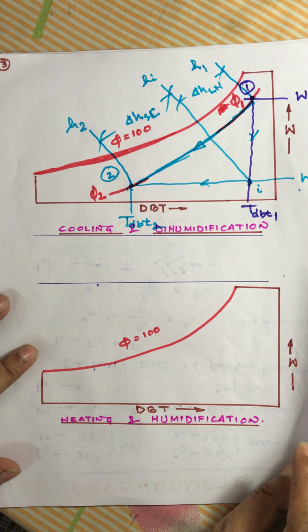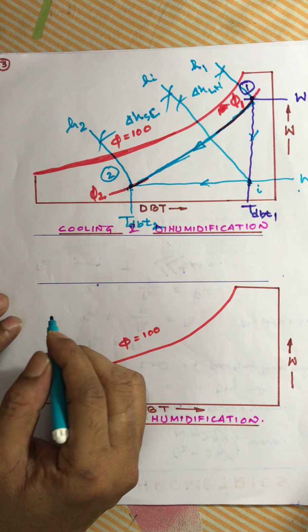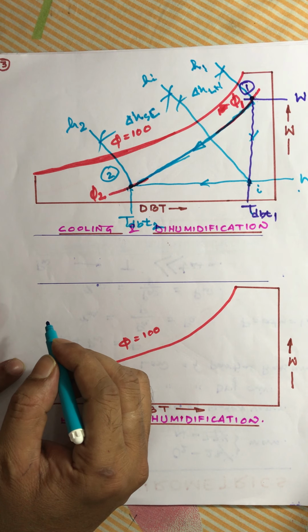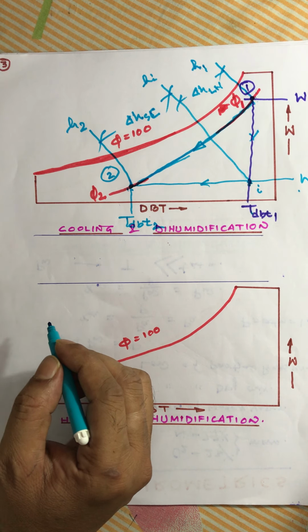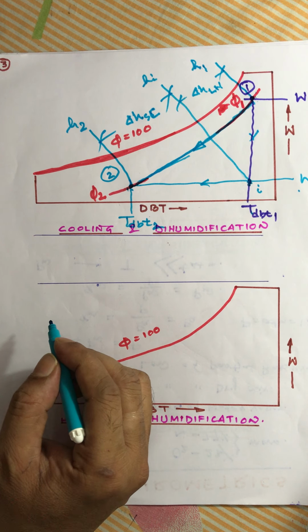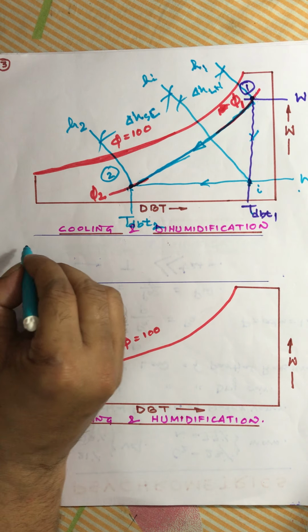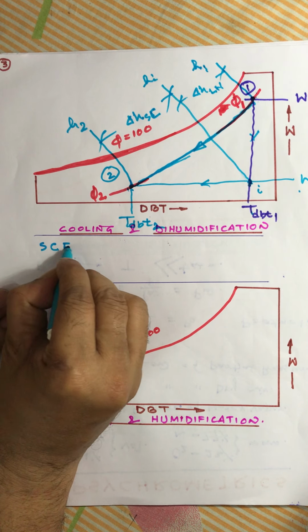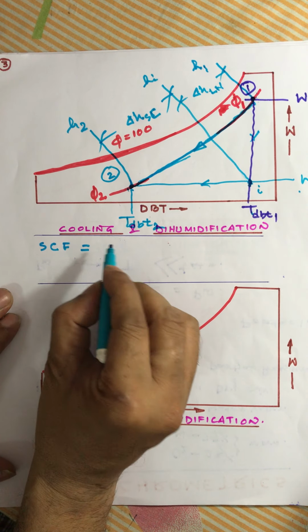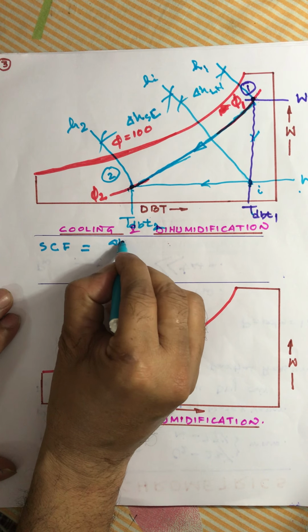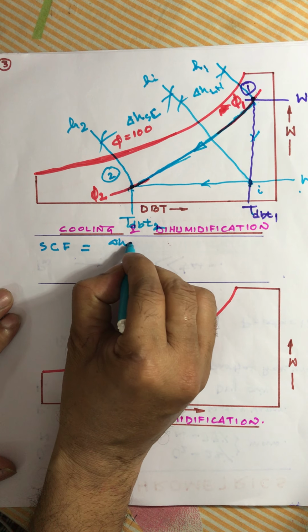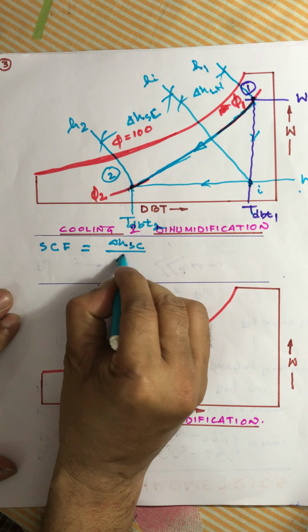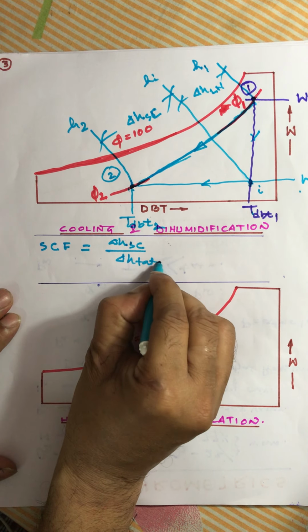Now, from that expression, an interesting parameter is the sensible cooling factor, or sensible heating factor. So, the sensible cooling factor is nothing but del H sensible cooling divided by del H total.